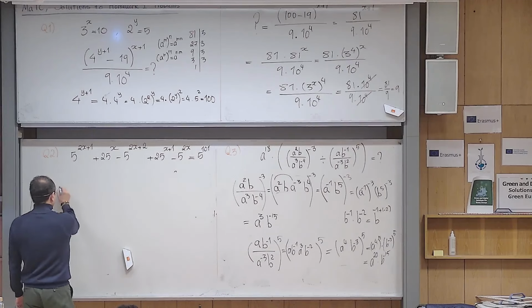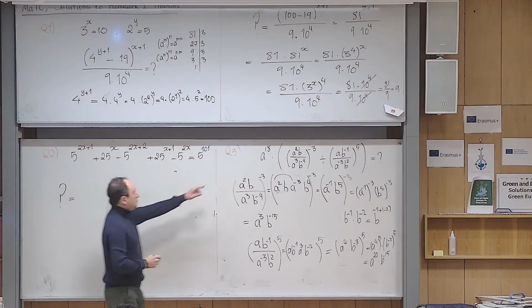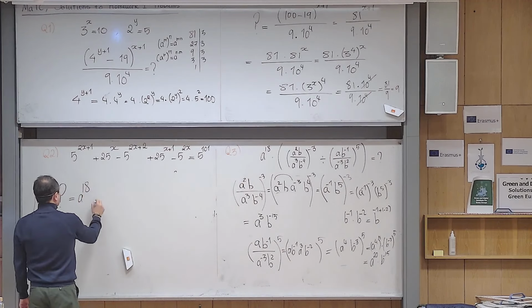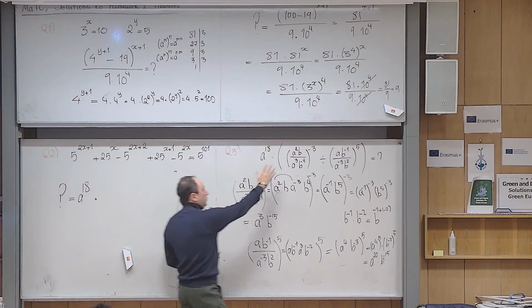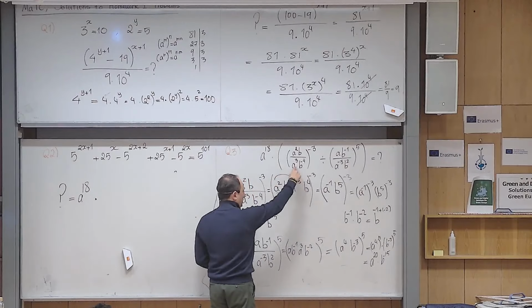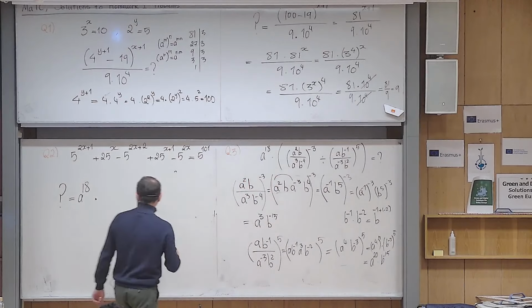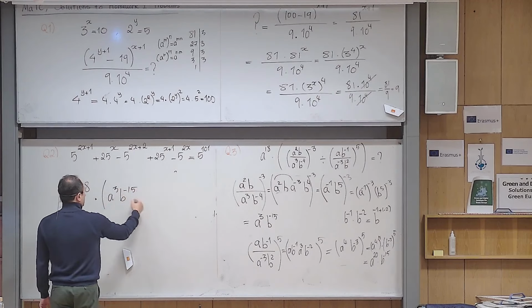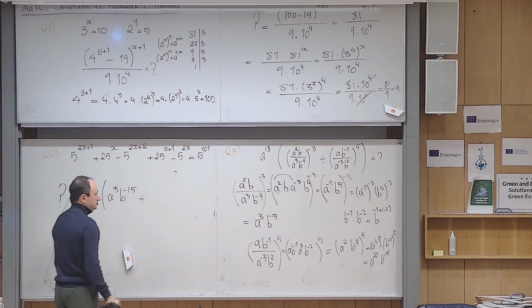So the question mark is equal to, I have a to power 18, so let me copy and paste it, and then multiply it by this part divided by that part. This part was which one? Is this one. Divided by which one?